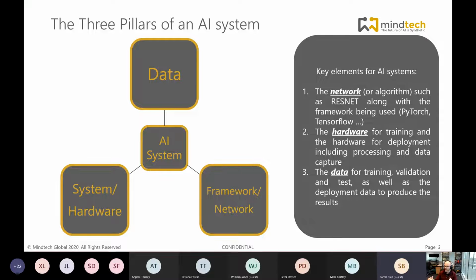We have the framework and the network that is going to do the training and the inferencing, so running the algorithms, things like PyTorch or TensorFlow for the framework, things like ResNet, PoseNet for the network. And of course, feeding that framework and that system is the data, the training data that we use to teach the AI system, as well as the data that's going to go in during deployment, which is going to be used for inferencing.